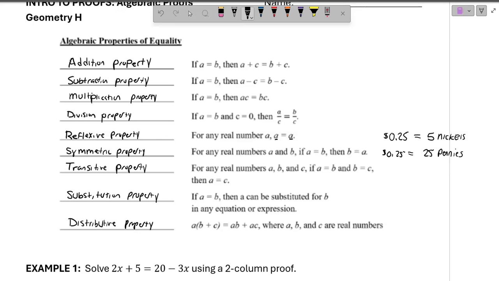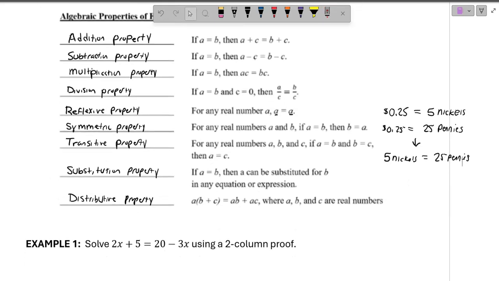If you agree with those first two statements, 25 cents is equal to 5 nickels and 25 cents is equal to 25 pennies, could we create a new equation where we say that 5 nickels must then equal 25 pennies? If you feel like we can make that jump, what you just did in your head is complete the transitive property. If you have two things that are equal to the same thing, in this case A and C are both equal to B, we can create a new equation saying that A is equal to C.